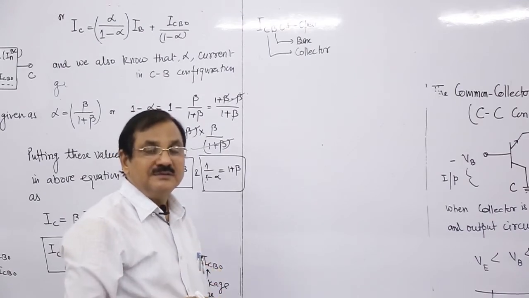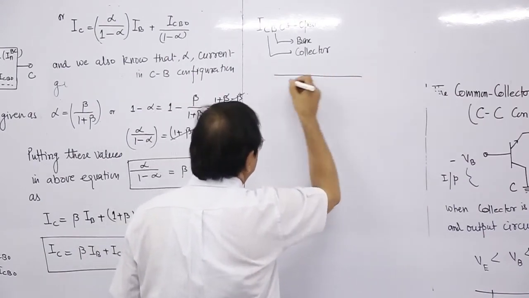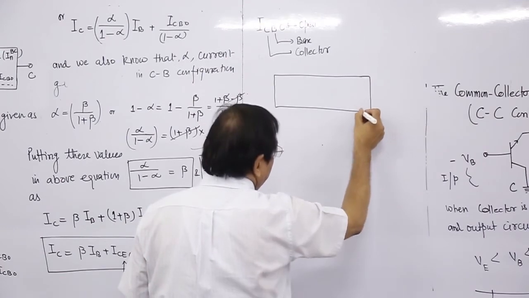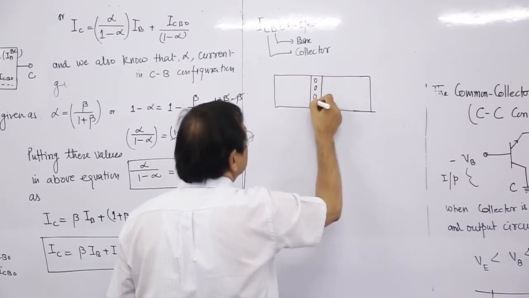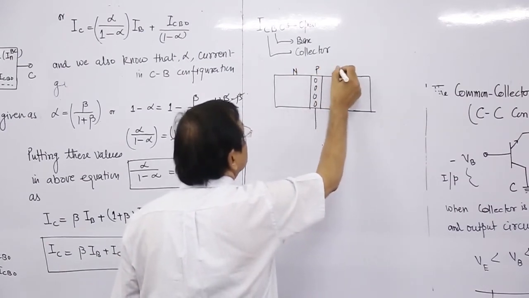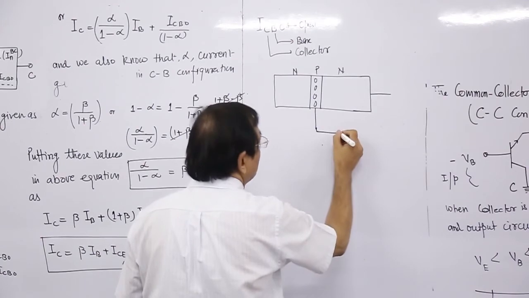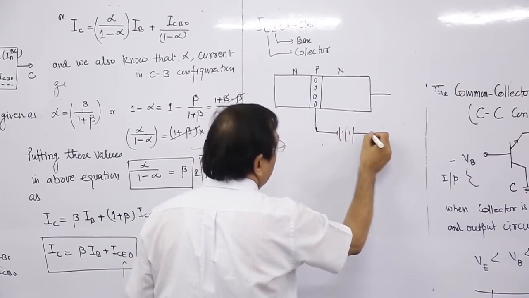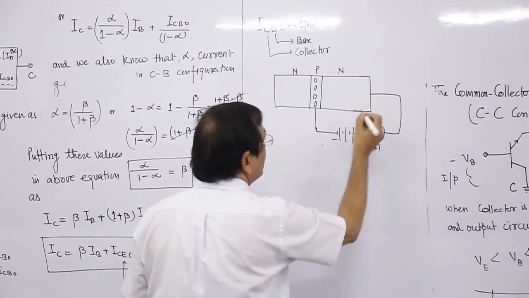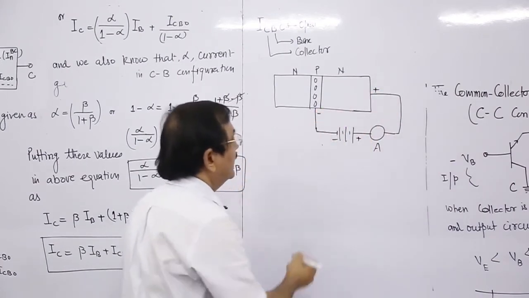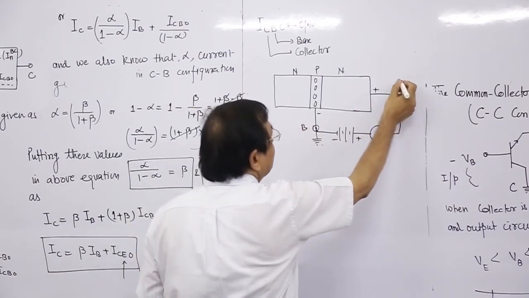So how can we conceptualize this part? This terminal is base, here it is collector.